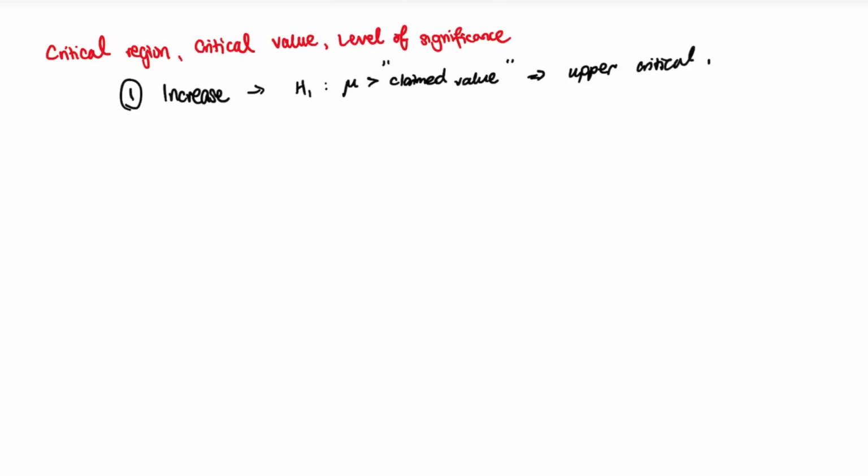Upper critical region. Essentially if you're looking at the curve, it's a very basic SD curve. You would have something like this, and the middle part is where we have your average, your mu. Which side of the curve would this be on? When it's saying that there is an increase, naturally you would think that it is on the right side of your mean, because the middle part is where mu exists.